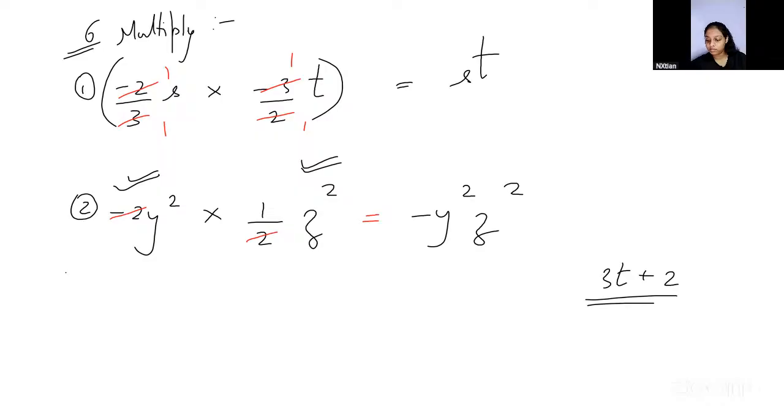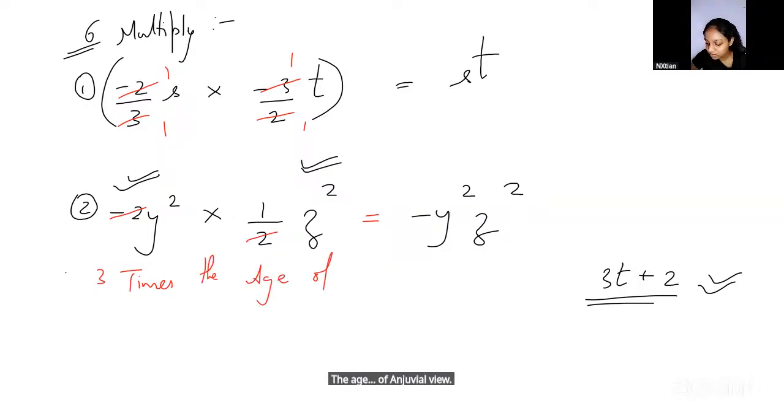Mine was P minus 2 upon 3. Okay. This is the answer: 3t plus 2. How is it coming? The question says that Preeti's age is 2 years more than 3 times the age of Anju. 3 times the age of Anju will be 3x.